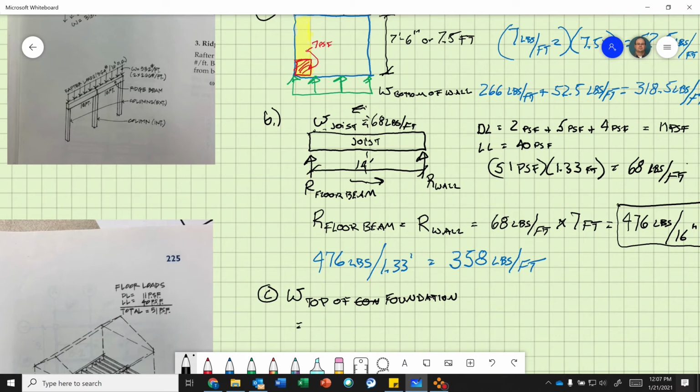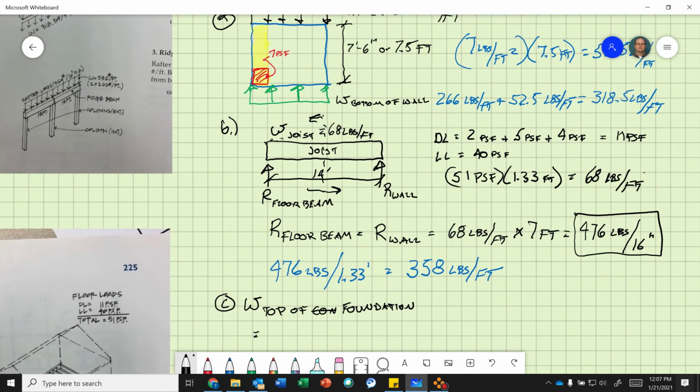So we got to add 318.5 pounds per foot plus what's the load on the wall from the floor joist. That's 358 pounds per foot. Okay. And that equals 318.5 plus 358, 676.5.